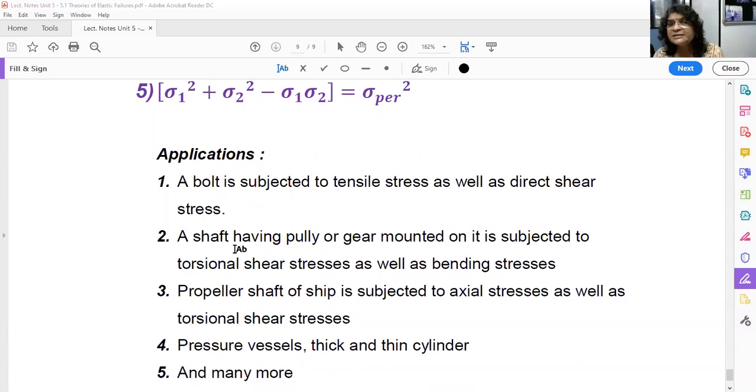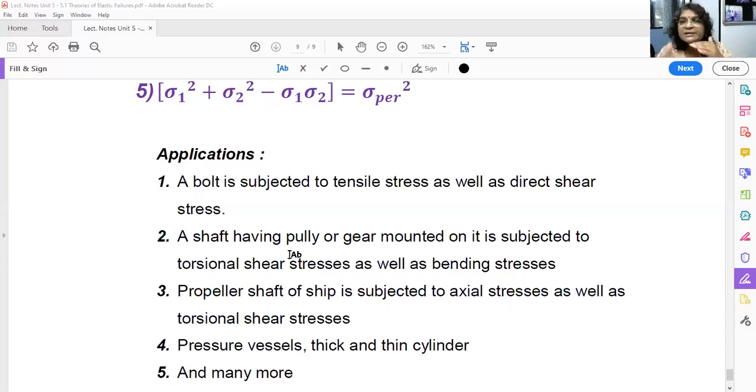Then the second example is a shaft. You know the shaft is used to transmit power. There are many elements mounted on the shaft, maybe pulley, gear, cams, and bearings. So in that case, the shaft is subjected to torque also because it is rotating. So torsional shear stresses are induced in the shaft, and because of the weight of the gears and pulleys, it is subjected to bending also.